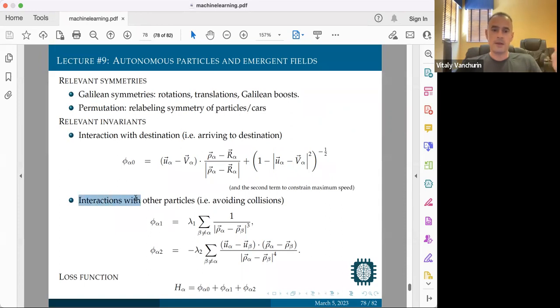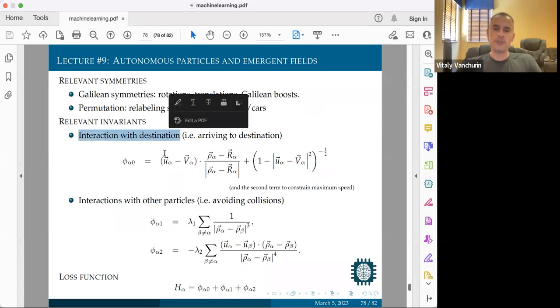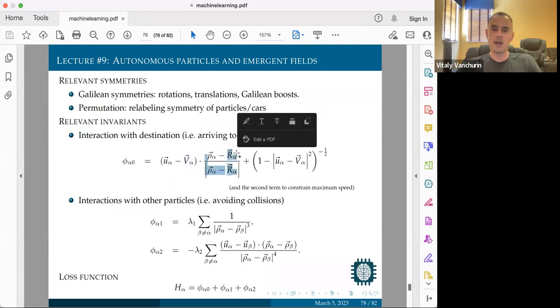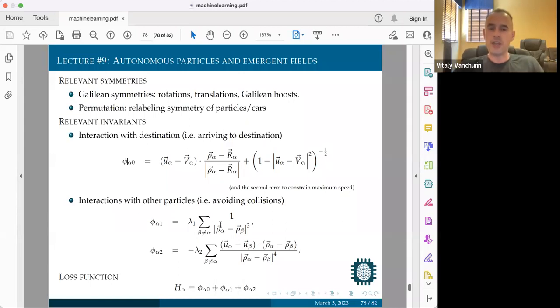All right, but what else? The other objective is not to collide. The first one is a kind of interaction with the destination, where capital V and capital R are the velocity and position of the destination. U and R are the velocity and the position of a given car alpha. Now here you want to avoid collision with other cars.